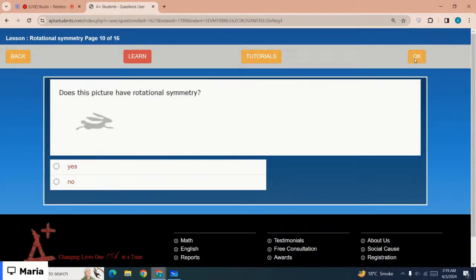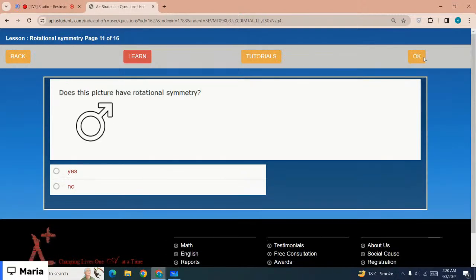Does this picture have rotational symmetry? No, right? The picture doesn't have the line of symmetry. The correct option is no.